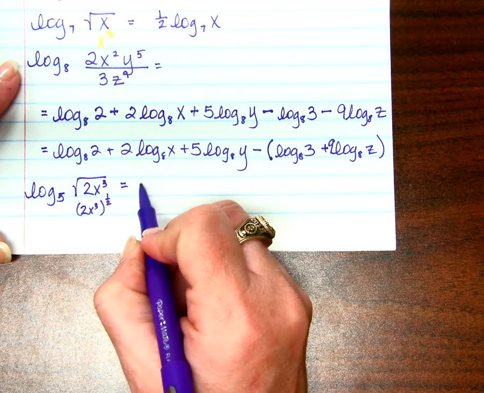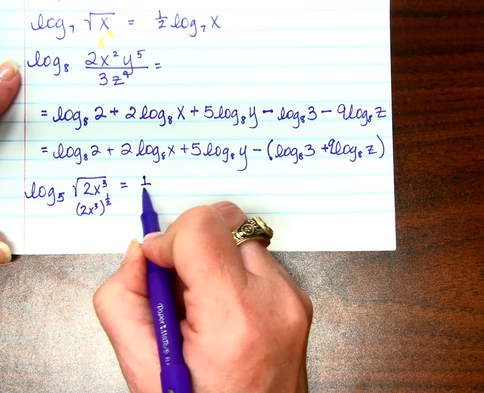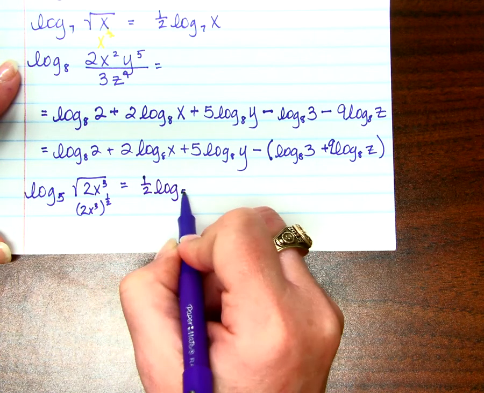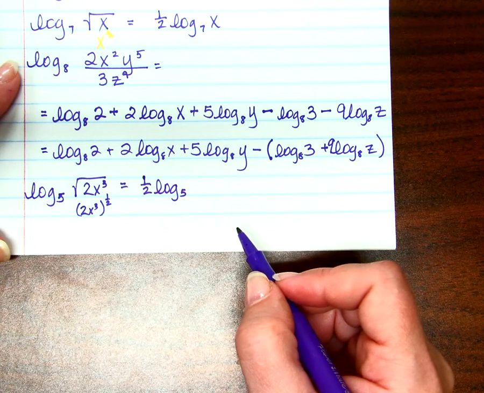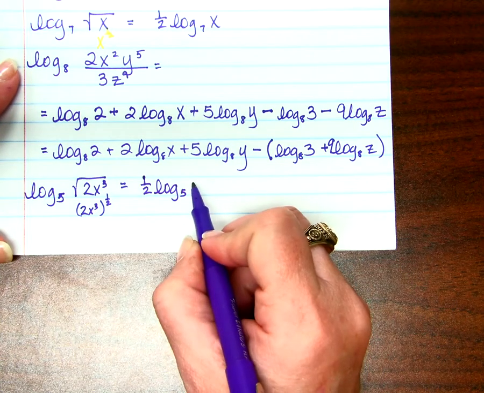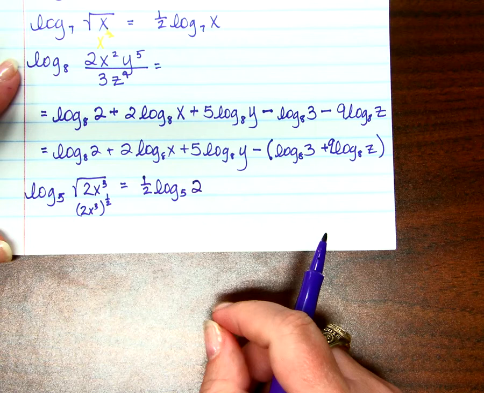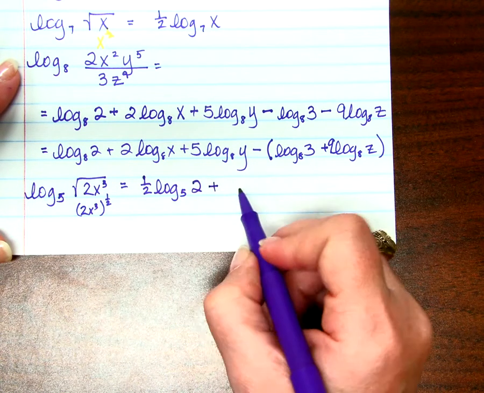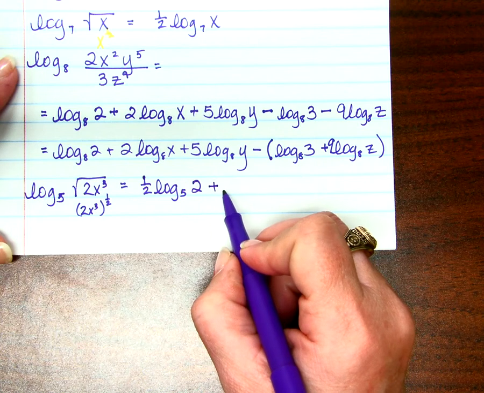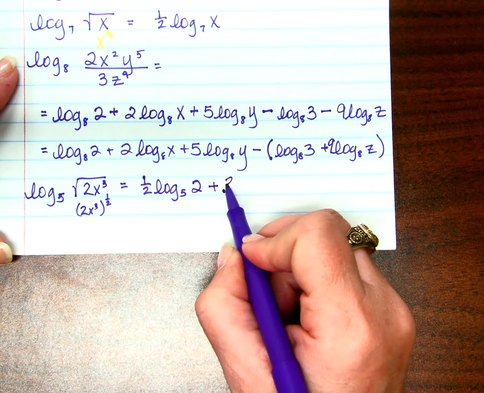Okay, so 1/2 log base 5 of what? Of 2, and then what? 3.